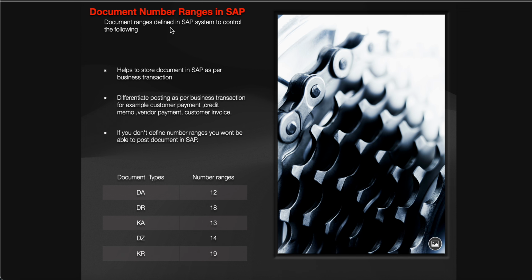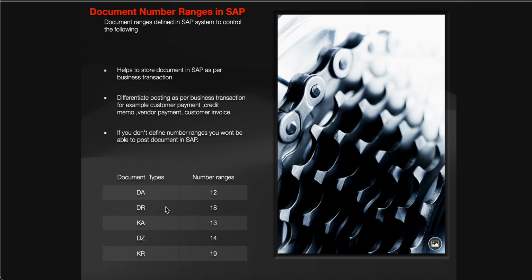Document ranges are defined in SAP systems to control the following: they help store documents in SAP as per business transactions, and differentiate postings, whether it's a vendor payment, customer payment, or an invoice. And as I said, if you don't define a number range, you can't post a document in the SAP system.